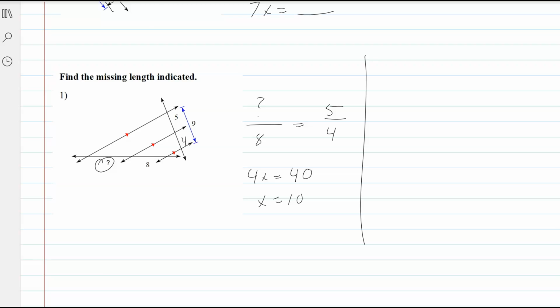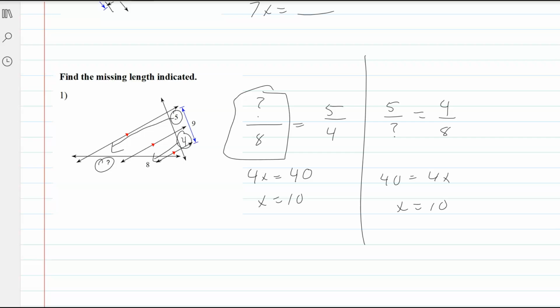I don't want to confuse you, but you should know that you could also take 5, just that piece over there, and do it over question mark equals, and again you come back to this side, 4 over 8. You get 40 equals 4x, x equals 10. It doesn't matter. The thing that matters is whatever you pick for your first one, you use that same pattern. So I picked this one over here, and then I went over 8.